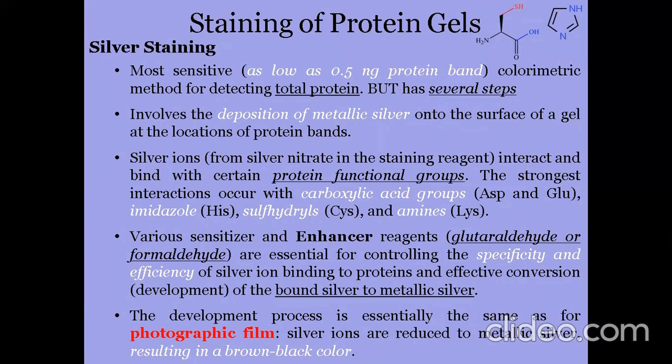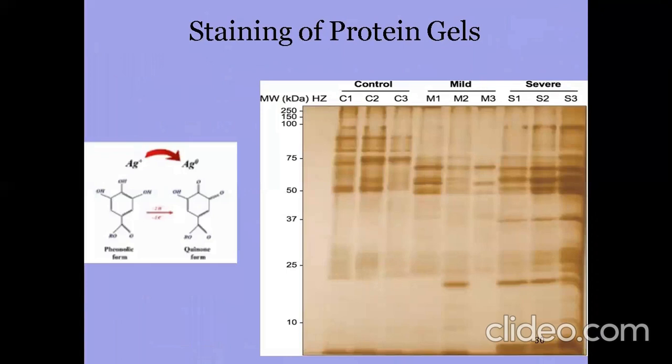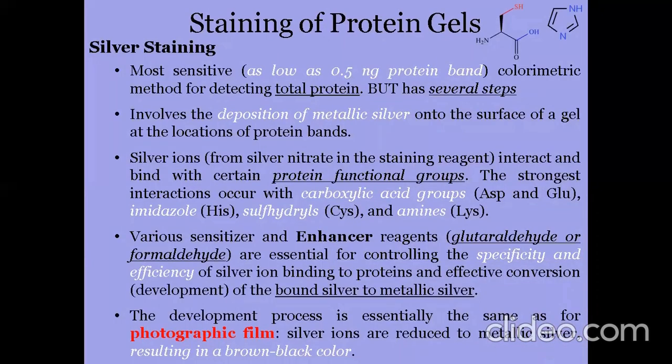That's why we're using these enhancers. When our silver nitrate is attached to the functional group, it converts to metallic silver, and as Shafiq told us, due to this lustrous property it gives us the brown color, and we can take a photographic film through which we can see our results.